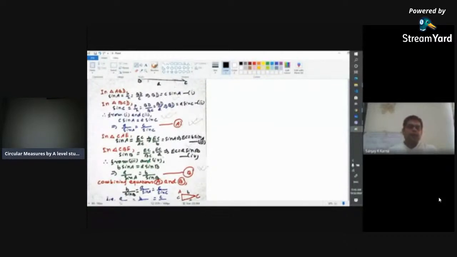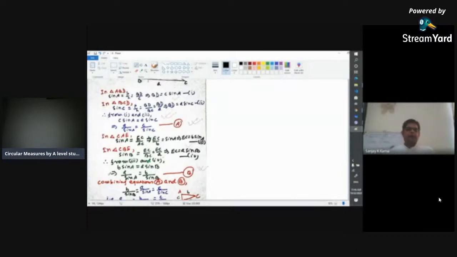So from A we have a by sine A equals c by sine C. But from B, a by sine A equals also b by sine B. So we can also write a by sine A equals b by sine B. So all these things are equivalent to each other. In fact, these are equal to each other.